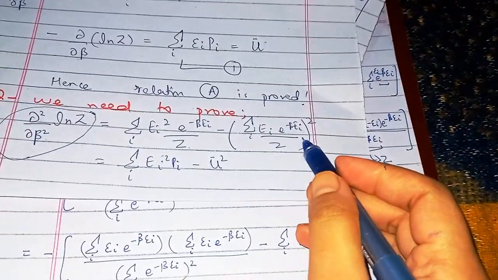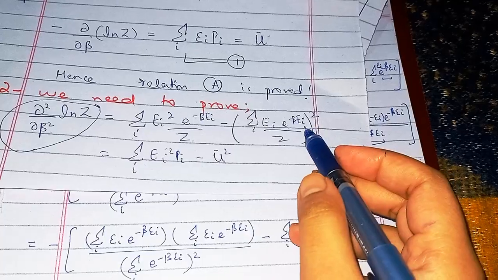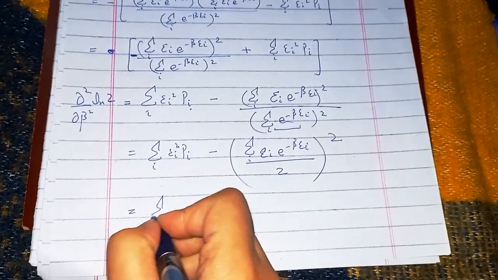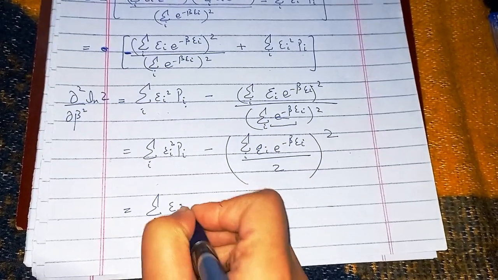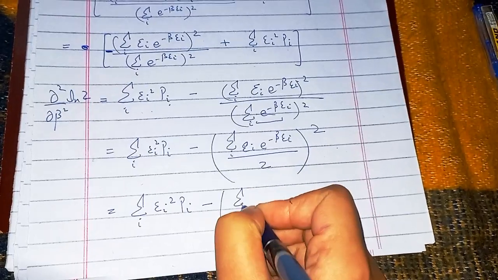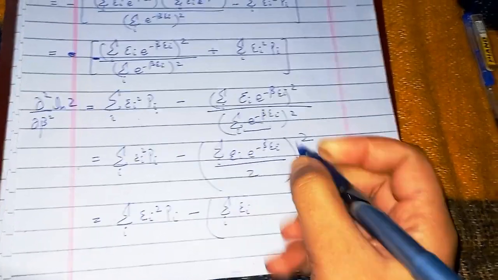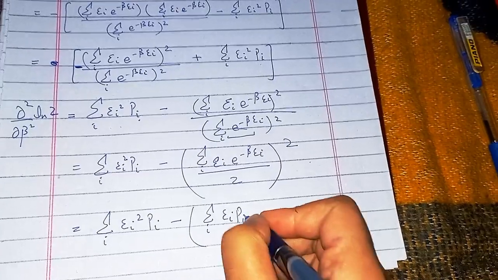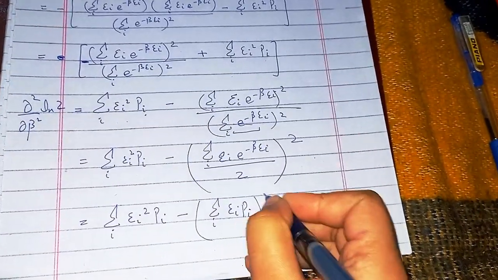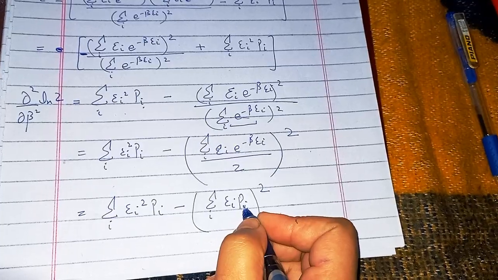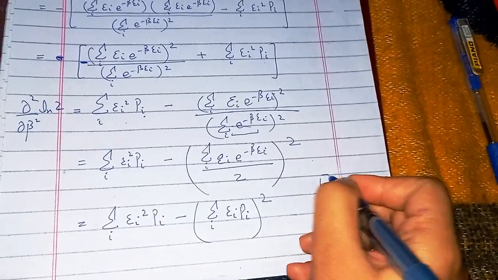And from proof number one, you have seen, let's get this form: ei, e to the power minus beta ei by z, this is again pi, whole square, and summation ei pi is the average energy.